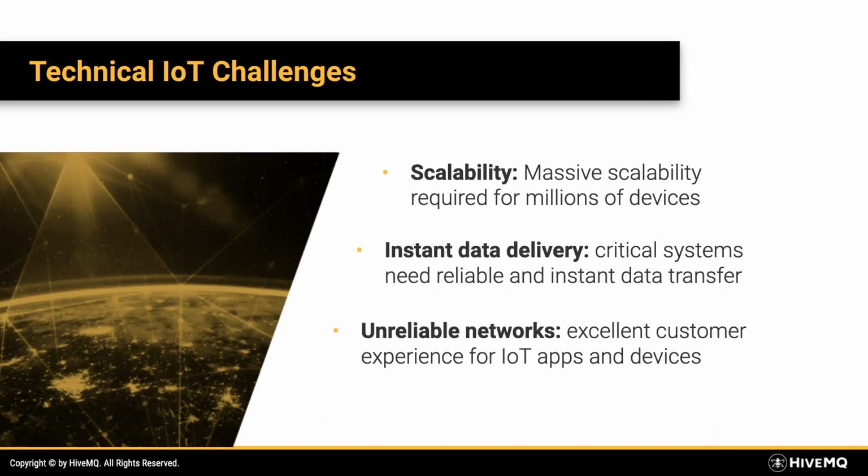We have internet connections that are sometimes a little bit flaky. Especially if you think about moving devices like cars, it becomes an even bigger problem, because as you change location, the internet connectivity is different in different locations.